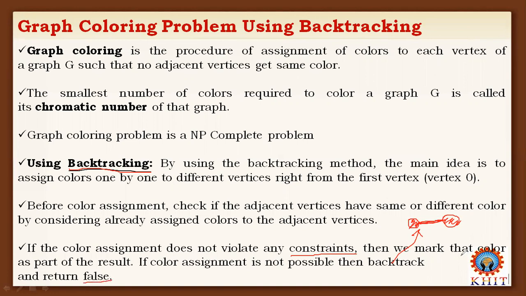So you continue the same procedure, applying the backtracking technique once again, until all the vertices in the given graph are colored by satisfying the condition that no two adjacent vertices have the same color. In this way, we need to color each vertex in the given graph with different colors.